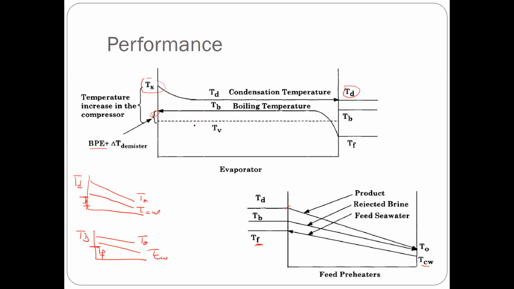So actually, what you see here in this figure was corresponding to the figure of the unit that you have seen in the previous slide. However, typically this is what we'll be doing in general. That is, we have a couple of heat exchangers. They are preheating the feed, and the feed is being preheated from T cooling water to TF by splitting it into heat exchangers.